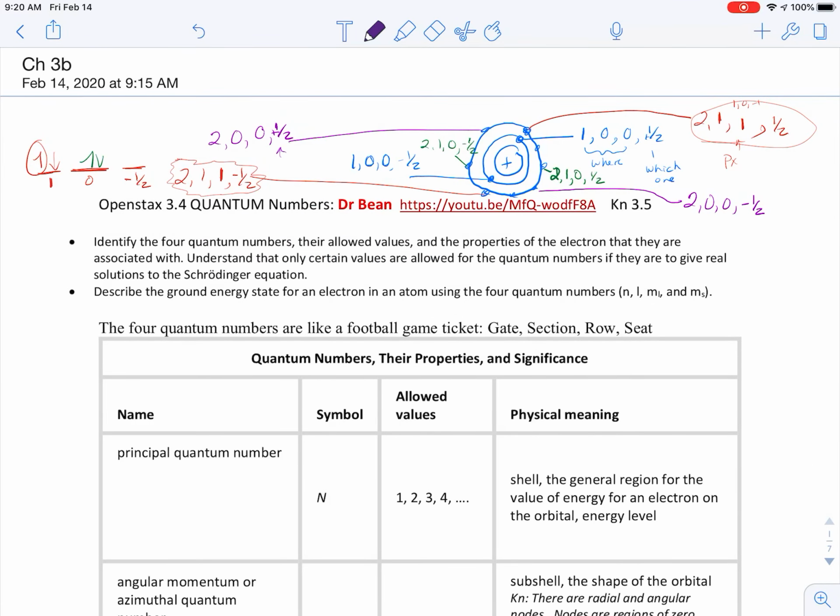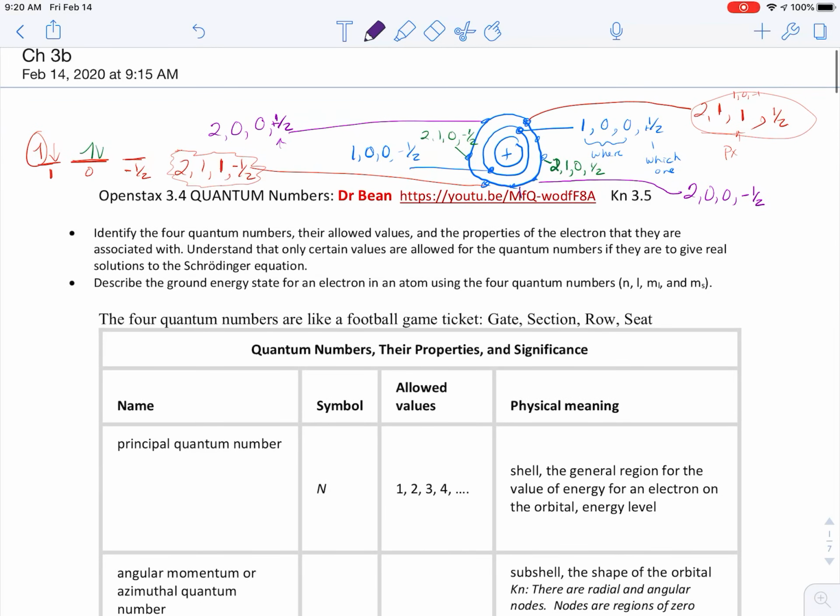It's just I've already drawn a completely filled up p orbital. And then this one would be 2, 1, minus 1, 1/2. And so that would be that one. And last but not least, have I shorted myself? Oh, here he is. That would be his pair. 2, 1, minus 1, minus 1/2.